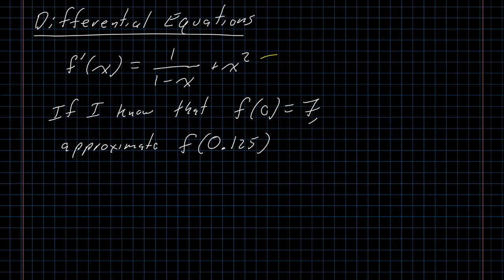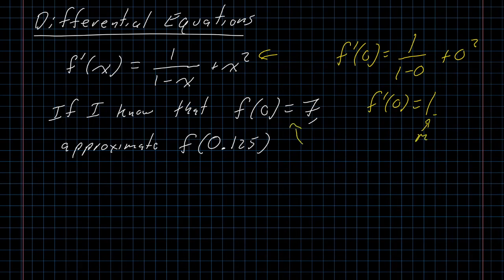Because I have this function, I can use it to calculate that f prime of 0 is 1 over 1 minus 0 plus 0 squared, which is 1. Now I know the slope, and I know the point. I can use those to write the equation of the line.